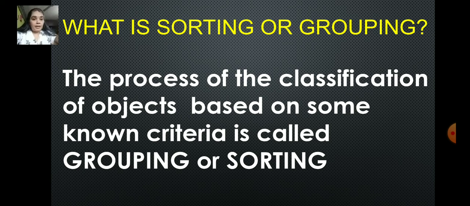So, we have classified so many things. The process of classification of objects based on some known criteria is called grouping or sorting. That is glass items, leather items, fabric items, so many things we learned. So that is called grouping or sorting.